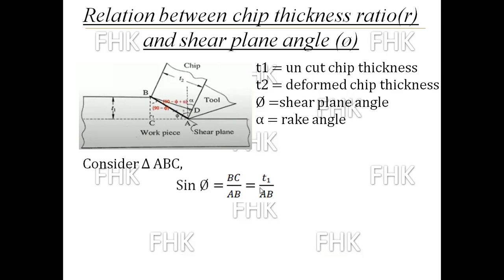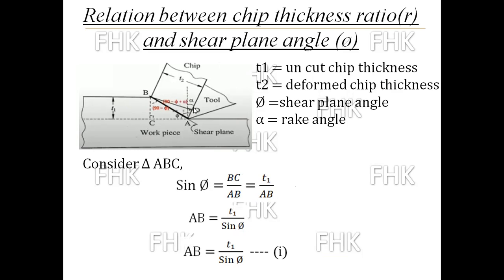So putting BC as T1, sine phi is equal to T1 divided by AB. So the value of AB is T1 divided by sine phi. This will become my equation number 1: AB is equal to T1 divided by sine phi. Remember this, from this triangle.